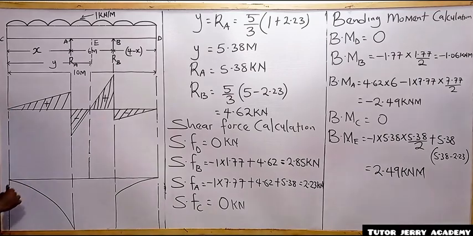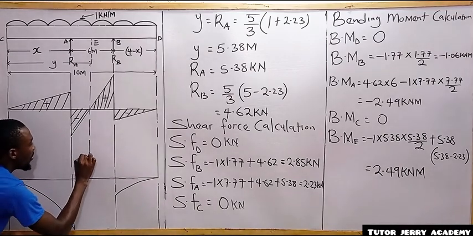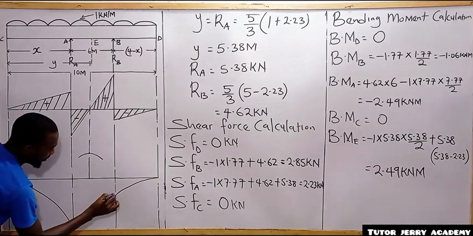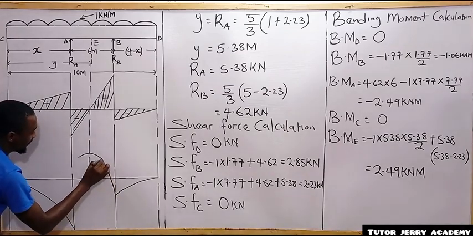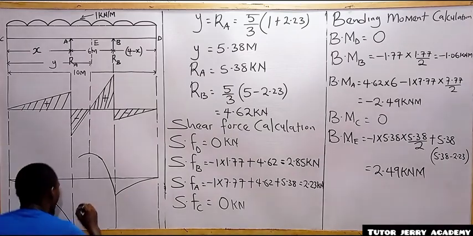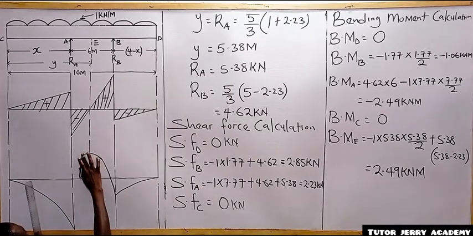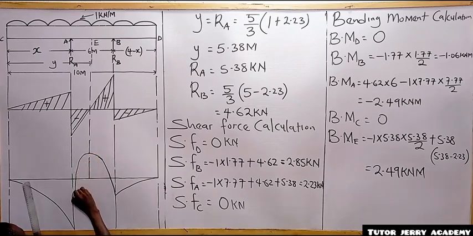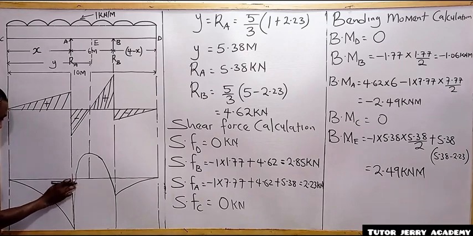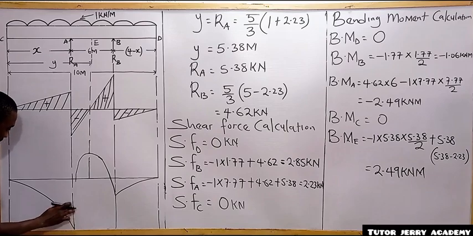So we can therefore say that 2.49 should be somewhere around here. Let it be somewhere around here. Let's join this curve carefully. I think I can draw it more perfectly than this.